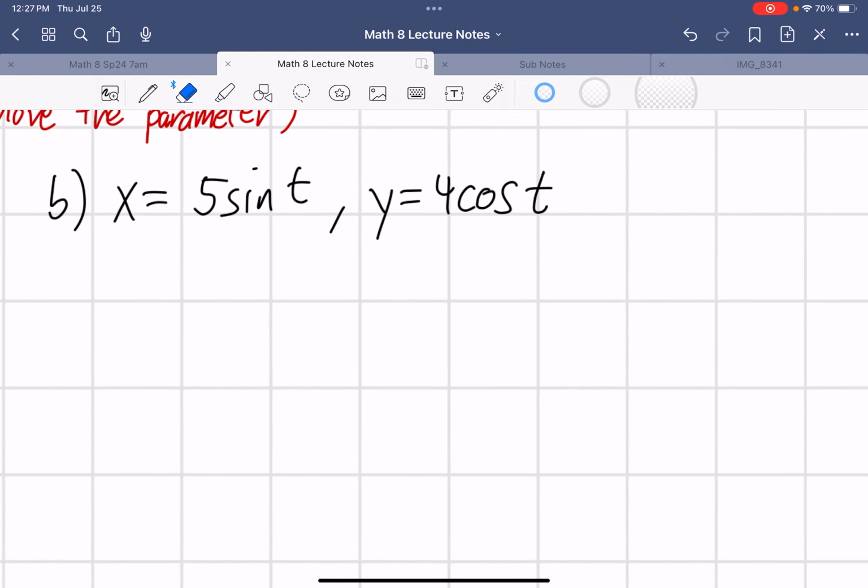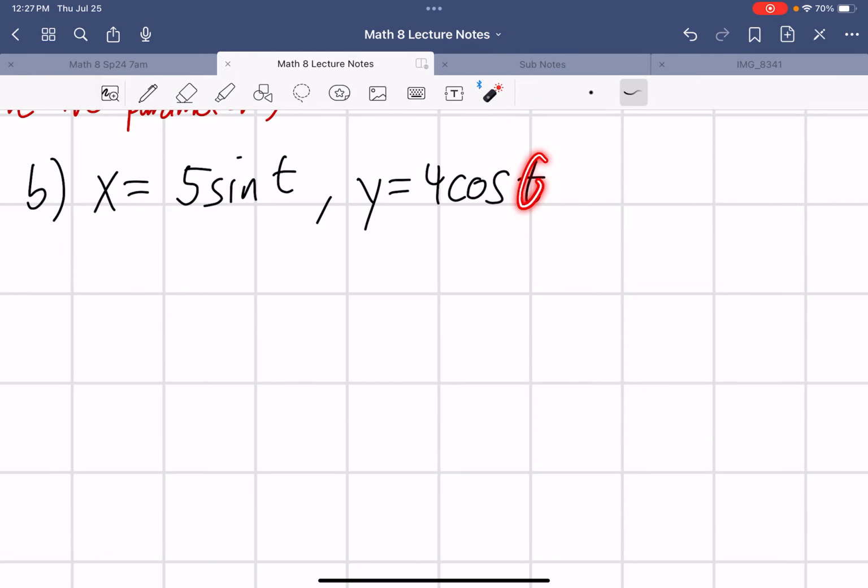If I were to try to isolate t by using an inverse, that would then mean I have to plug an inverse into this sine. But the original equation for an ellipse doesn't have sine and cosine inverses in it. So I have to take a different approach.